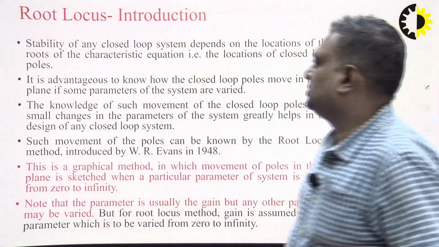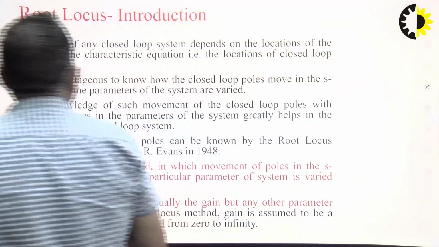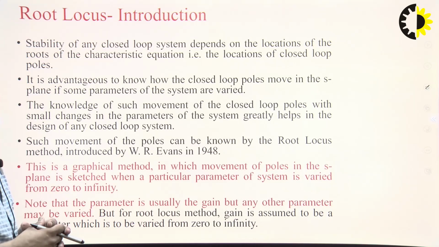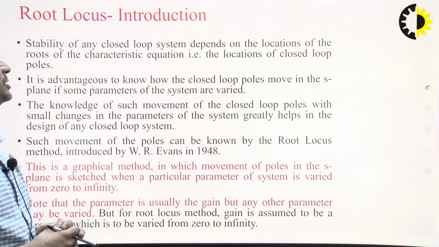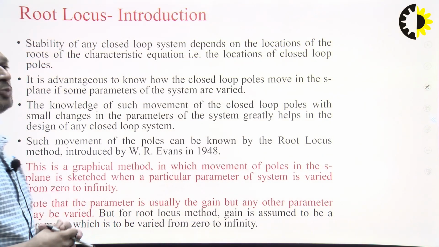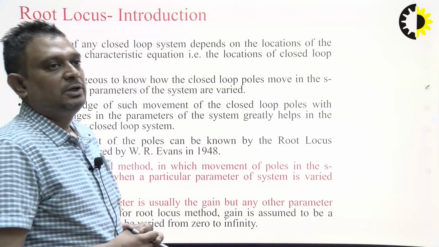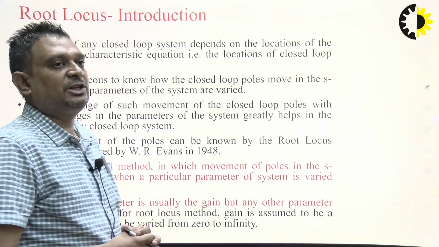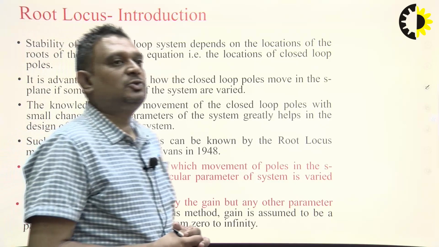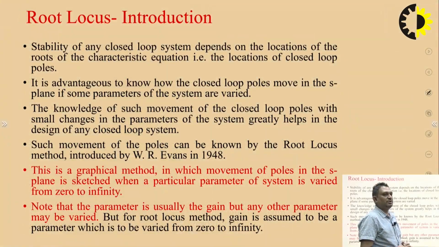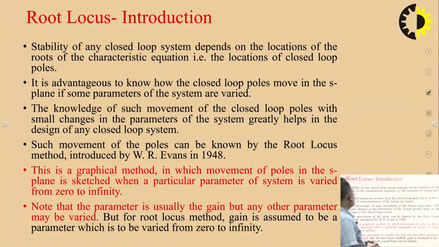So, root locus introduction. The stability of any closed loop system depends on the location of the roots of the characteristic equation, that is, the location of the closed loop poles. The roots of the characteristic equation are nothing but the closed loop poles of the transfer function. So it is advantageous to know how the closed loop poles move in the S-plane if some parameter of the system is varied.